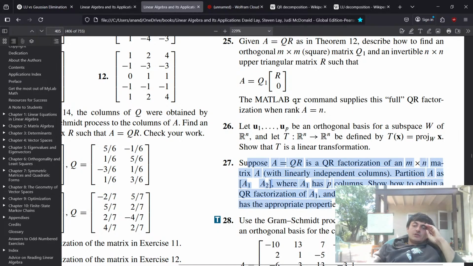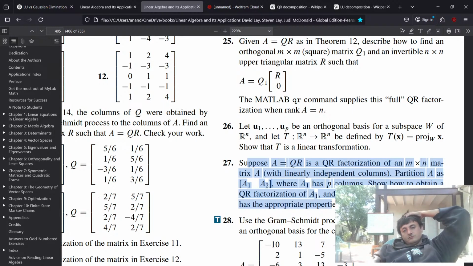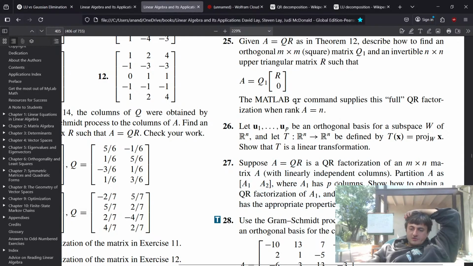Suppose A equals QR is a QR factorization of an m by n matrix A with linearly independent columns. Partition A, where A1 is P columns, and show how to obtain a QR factorization of A1.